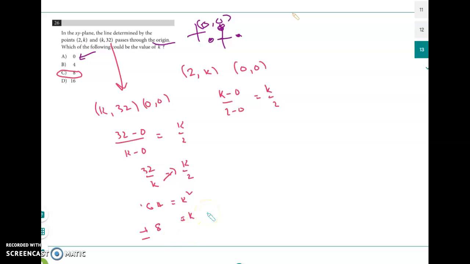We are using the logic that since they are passing through the origin, they have to have the same slopes. So we use that and find the answer using the slope formula. Does that make sense? Okay.